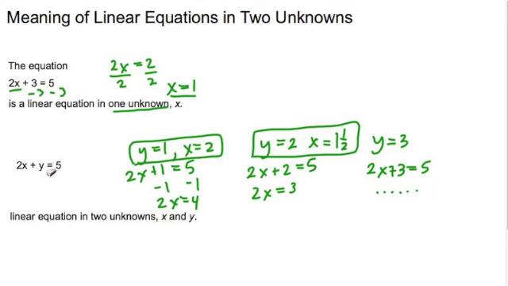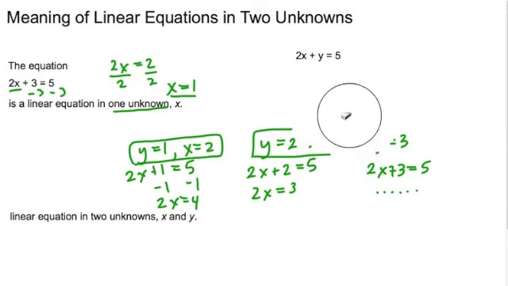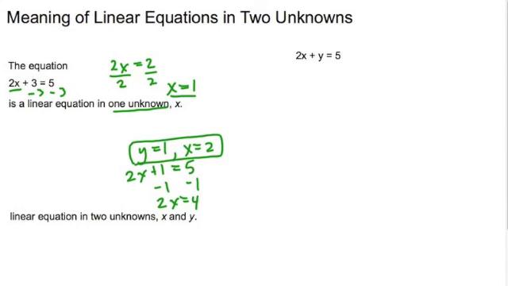Because what we can do with 2x plus y equals 5 is graph it. Let's move it over here. Clear out some space. I can take a graph of what 2x plus y equals 5 looks like, and it would look something like 1, 2, 3, 4, 5.